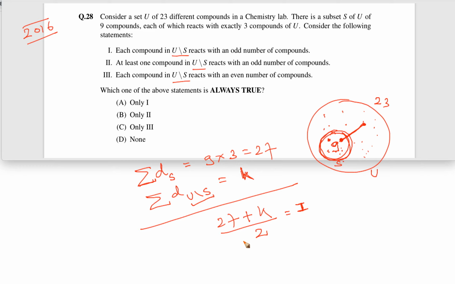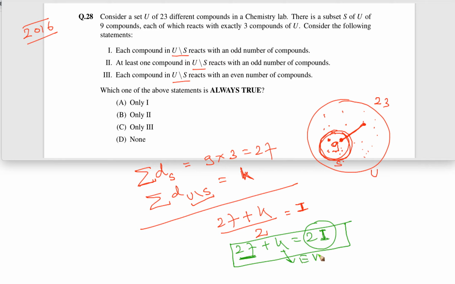So I can say that 27 plus K is equal to 2I. Why I am writing it like that, we'll come back to it, but try to understand that 27 plus K is equal to 2I. Now if 2I is there, it means it is even, but 27 is odd.